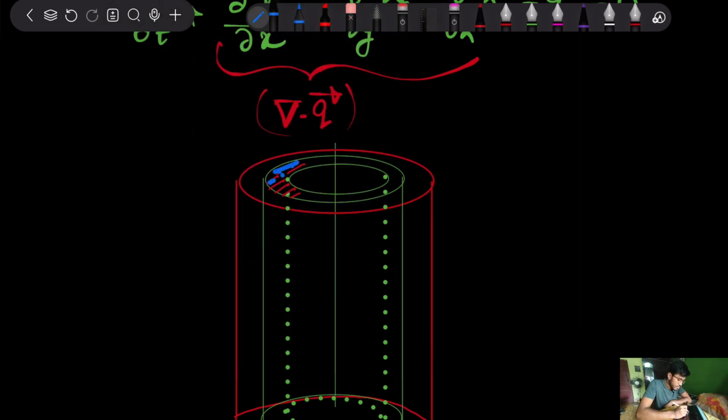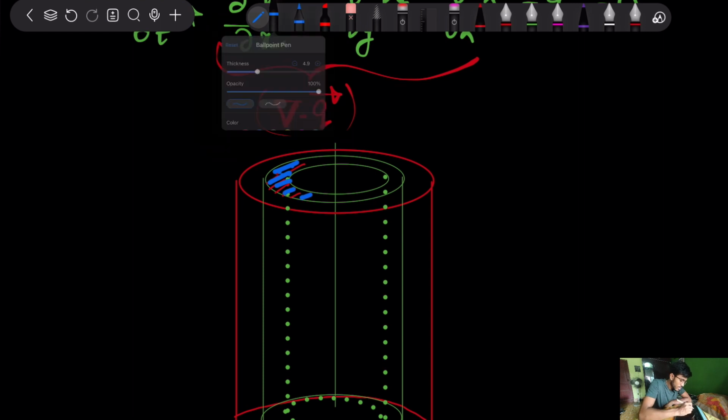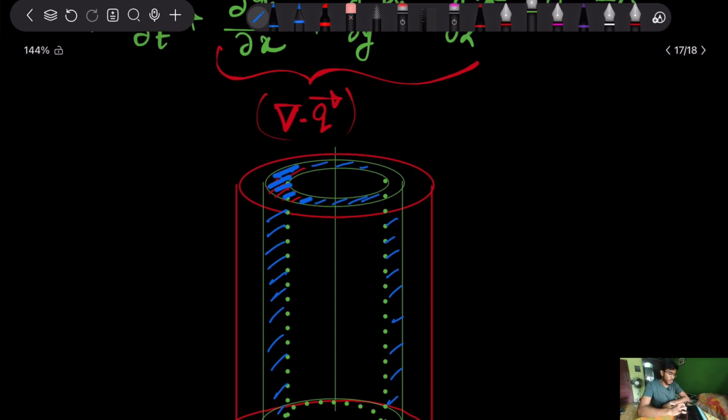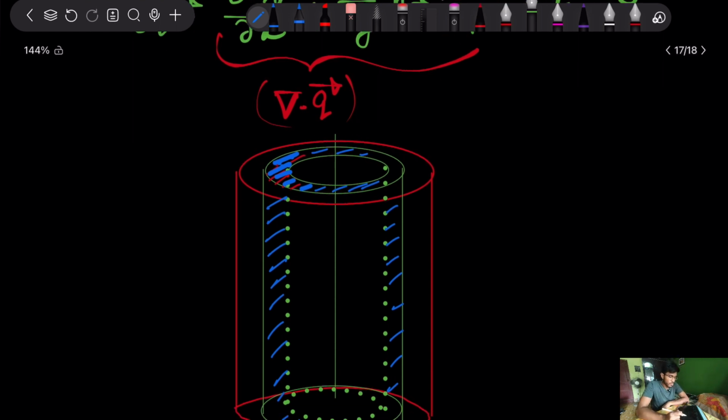I'm sorry, my control volume is only this part, this one, right? And for the heat conduction direction, for simplicity you can take that heat is only being conducted in the r direction, that is the radial direction.